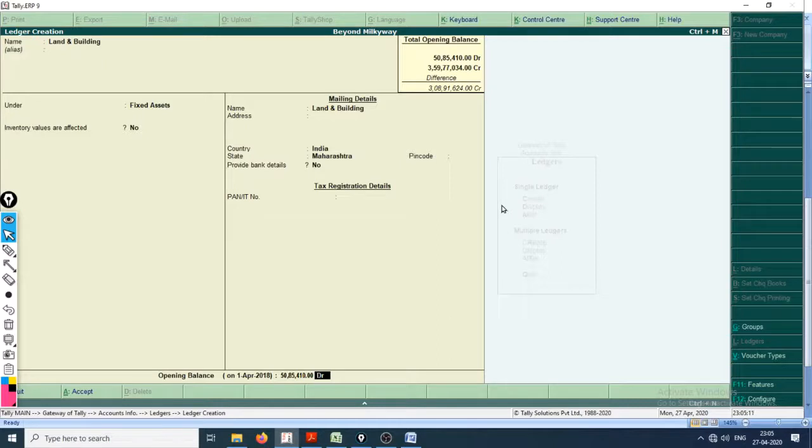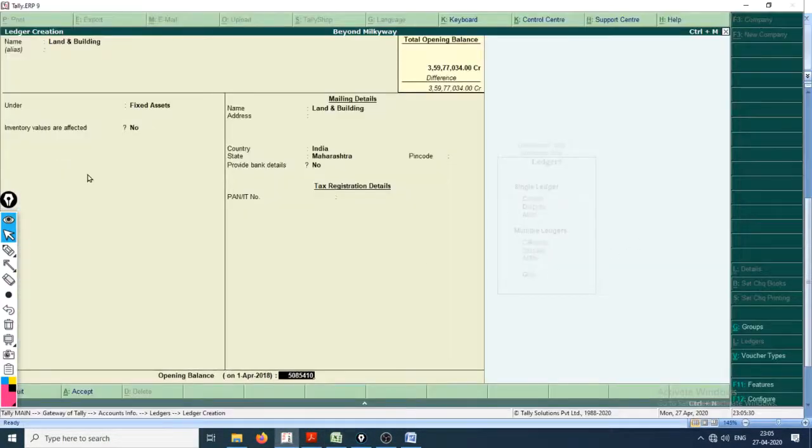Okay, let me show you something before I enter this amount. Accept, no. Enter. What was the amount? 50 85 410, right? Yes.